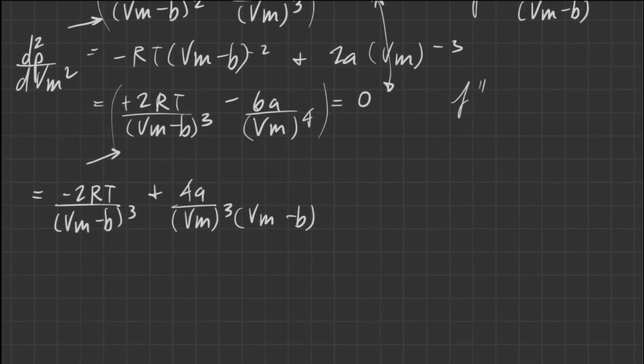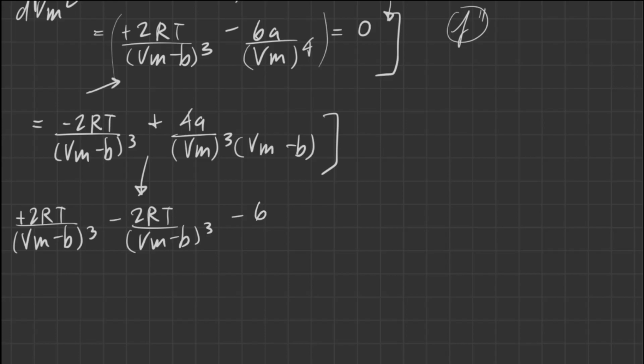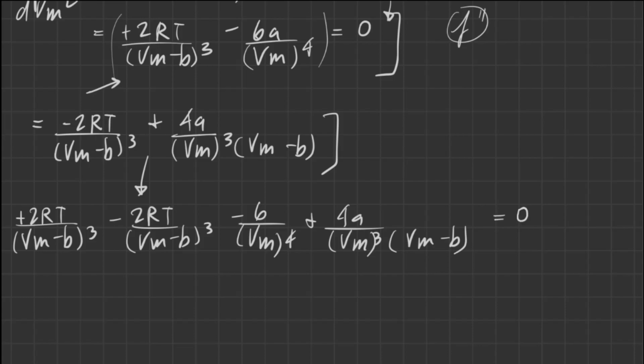Now we can add this second derivative, so this expression plus this expression. And we can set this equal to 0, because 0 plus 0 equals 0.